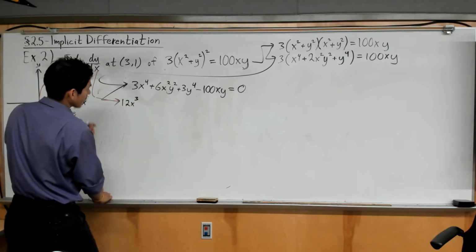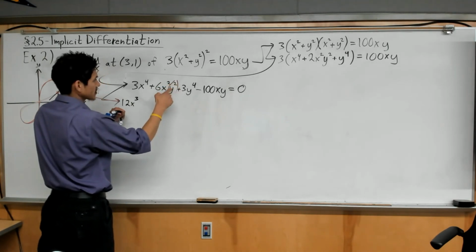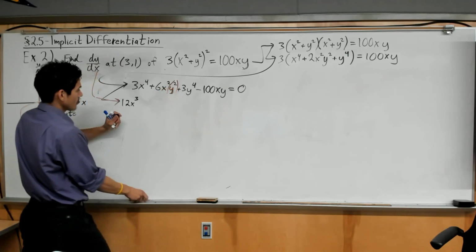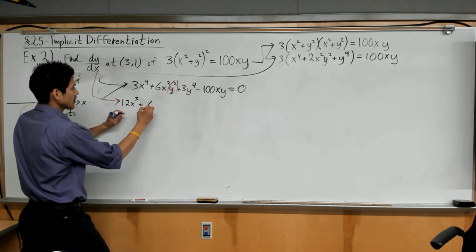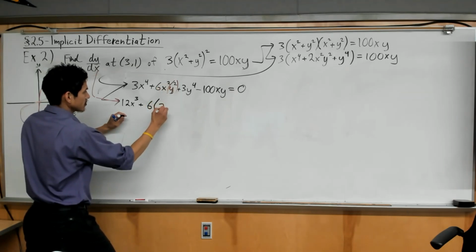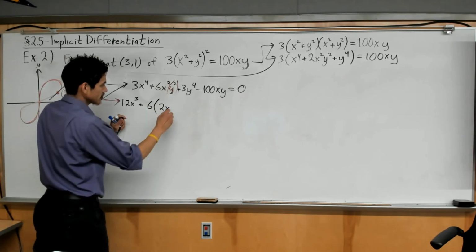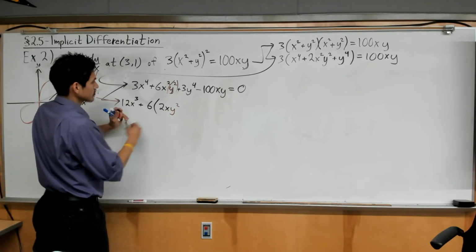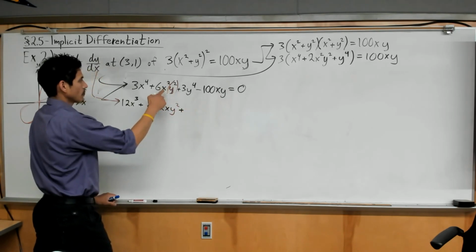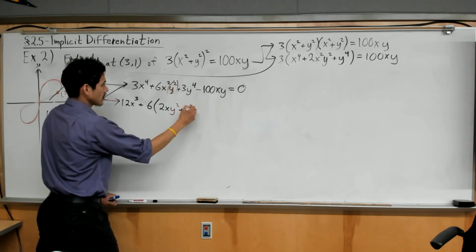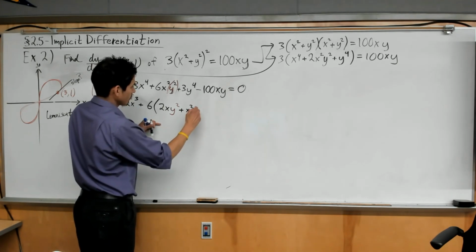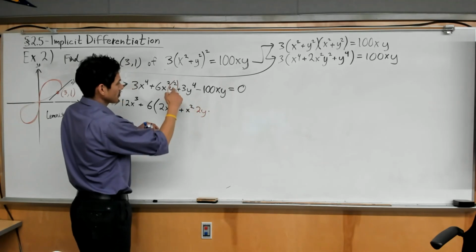Here we got to use the product rule, because we have an x squared and a y squared. Let me make that a little bit red. So we're going to go plus 6 times, take the derivative of x squared, which is 2x, leave the y squared as is. Plus, this time leave the x squared as is, take the derivative of y squared, 2y, and then multiply by dy/dx.